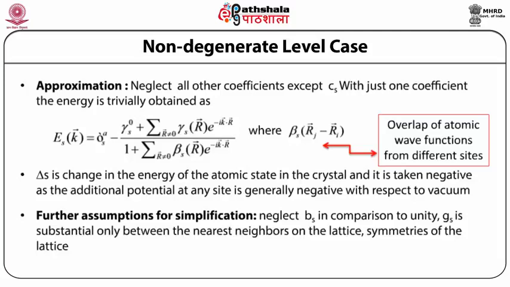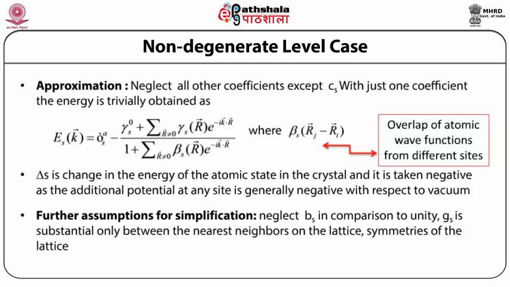We neglect beta S in comparison to unity, and being in the denominator, it provides a higher order correction. We also assume that gamma S is substantial only between the nearest neighbors for the lattice. Further simplifications follow from the symmetries of the lattice. The inversion symmetry imposes the condition that delta Vi of minus R is equal to delta Vi of positive R.